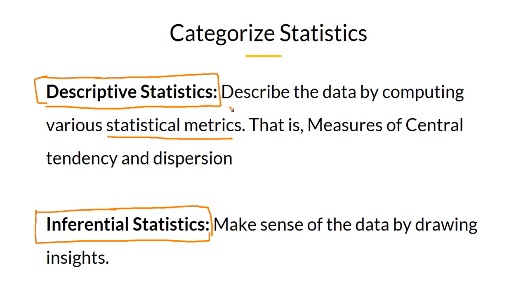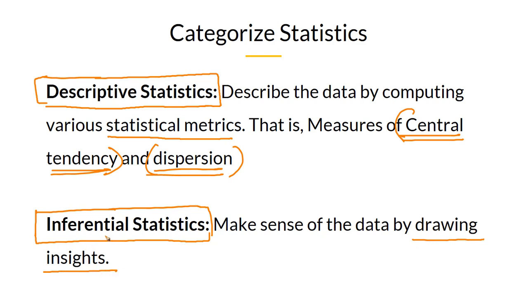These statistical metrics are generally classified as either measures of central tendency or measures of dispersion. In the next slide, we will see what these measures are exactly, one by one. On the other hand, inferential statistics is when you try to make sense of the data by drawing insights. You are focused on deriving insights out of your data.